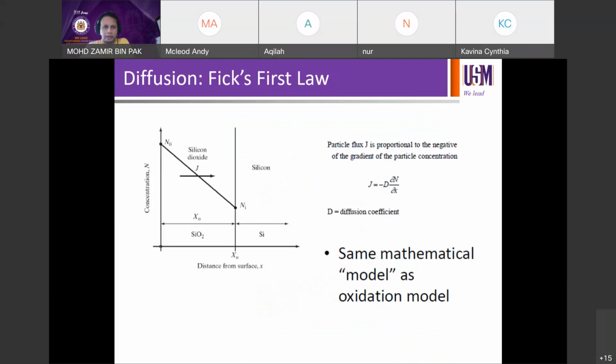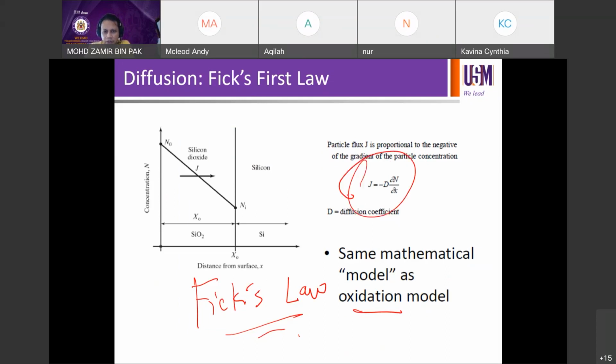Right, let's have a look at the theoretical side of the process. Diffusion obeys Fick's first law. If you recall, we learned about this in oxidation as well, where particle flux J is proportional to the negative of the gradient of particle concentration.